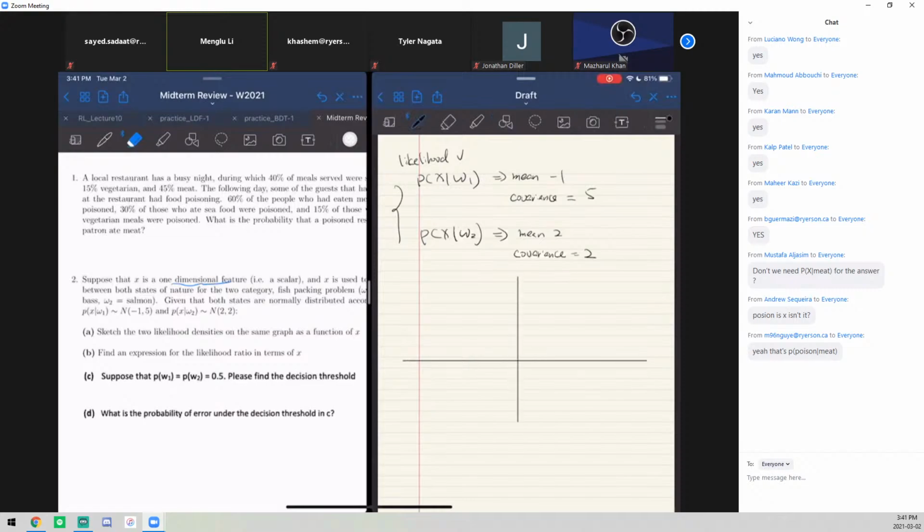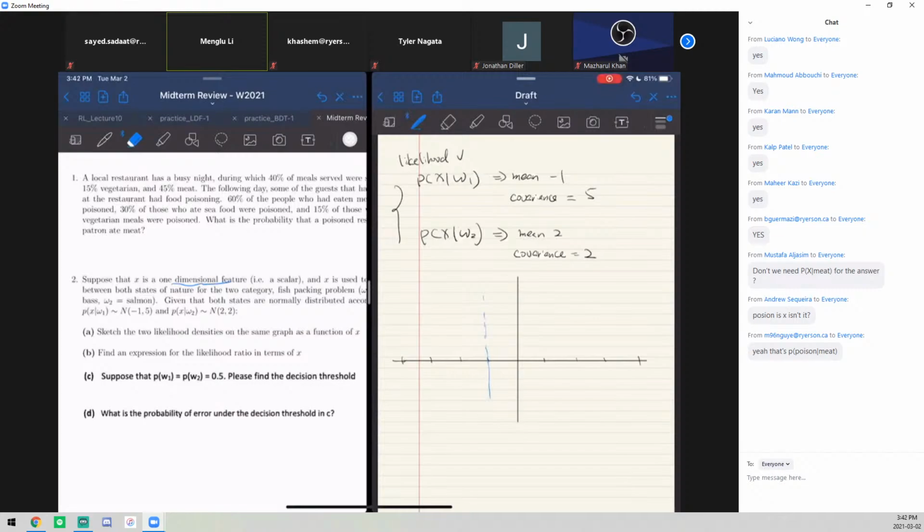Let's first draw class 1. We know the mean is -1, so for the likelihood of class 1, the mean is here. And how fat will the Gaussian be?